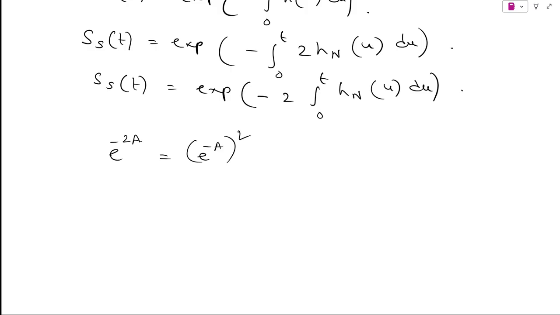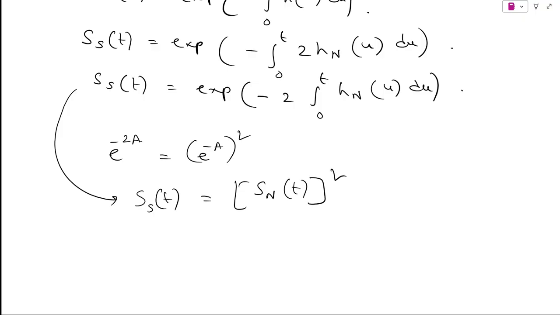We all know that. So hence we can say the smoker's survival function is the non-smoker's survival function whole squared. So this is the most important result.